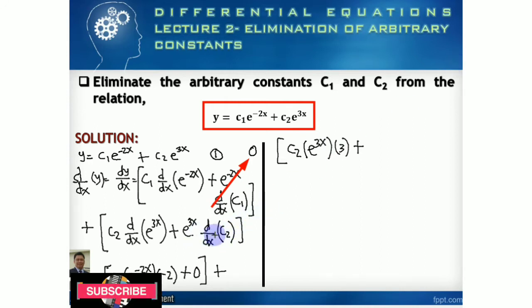Okay, since the derivative of a constant, of your c2, is equal to 0. So this is 0, and this would be then plus 0.